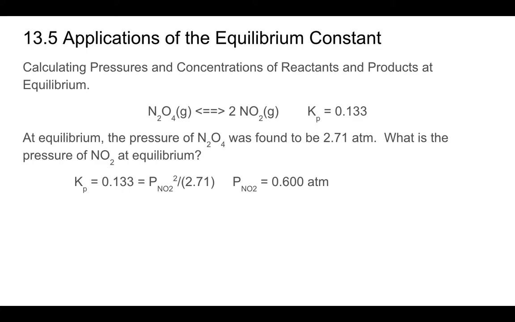What was the pressure of the NO2 at that equilibrium? So Kp, 0.133, is simply the pressure of NO2 squared over the pressure of N2O4, which is 2.71. Plugging in and solving for the pressure of NO2, multiplying both sides by 2.71 and taking the square root, you get the pressure of NO2 to be 0.6 atmospheres.